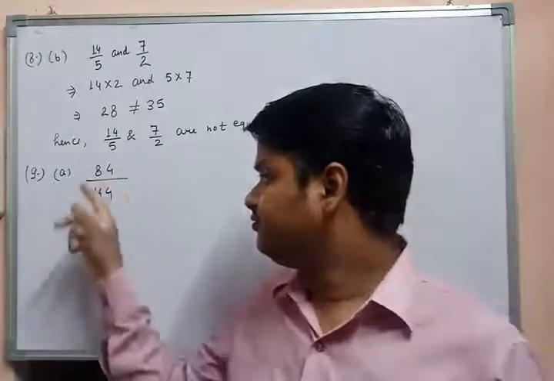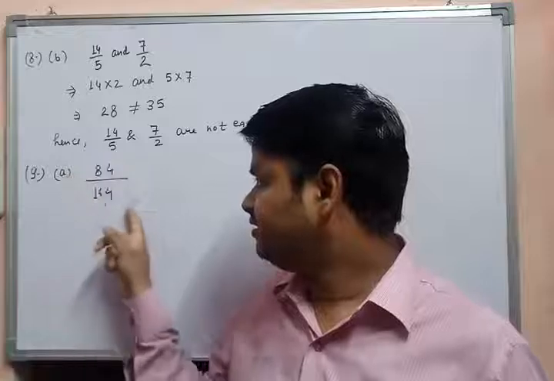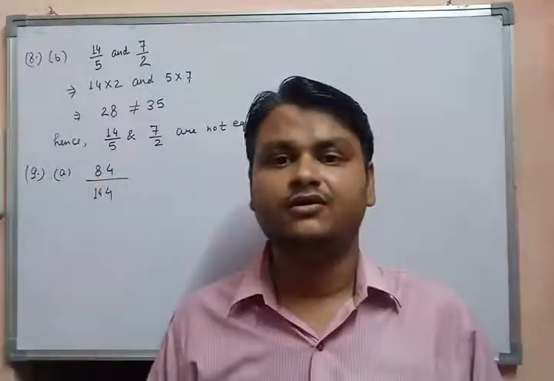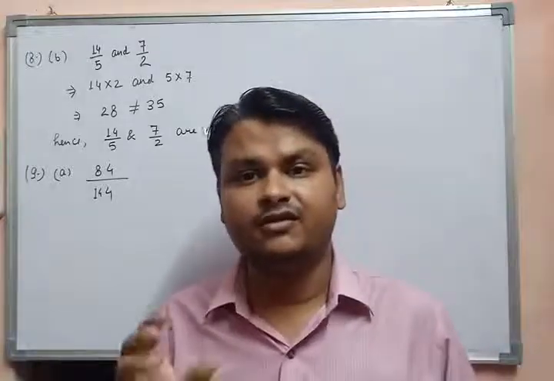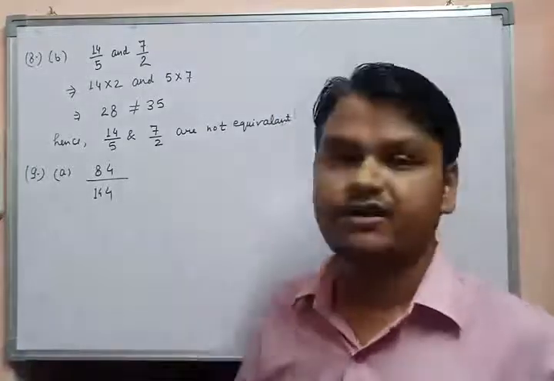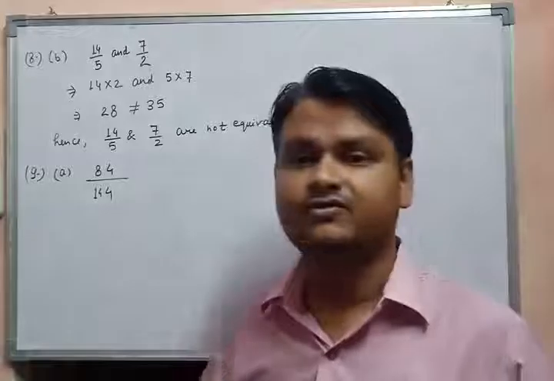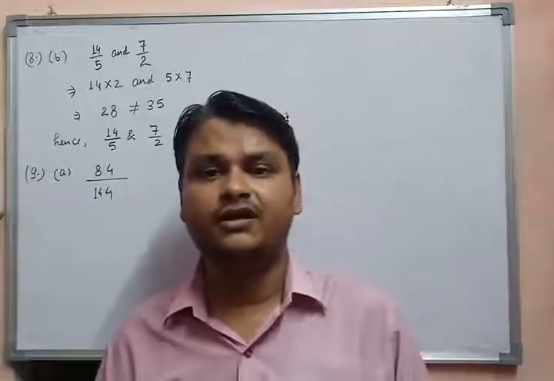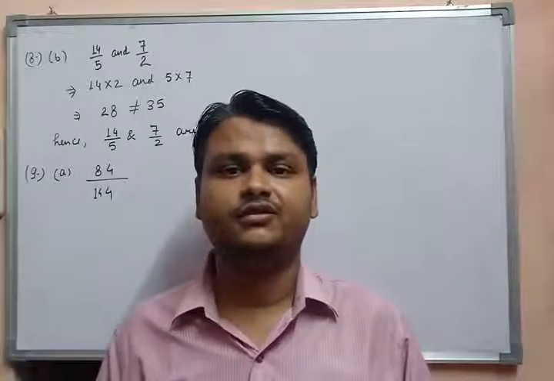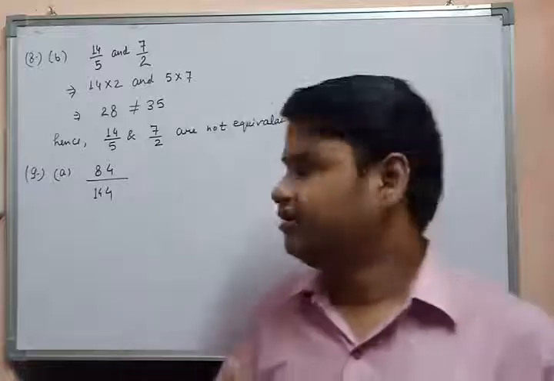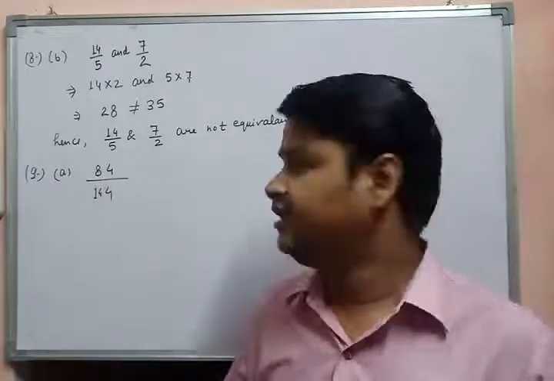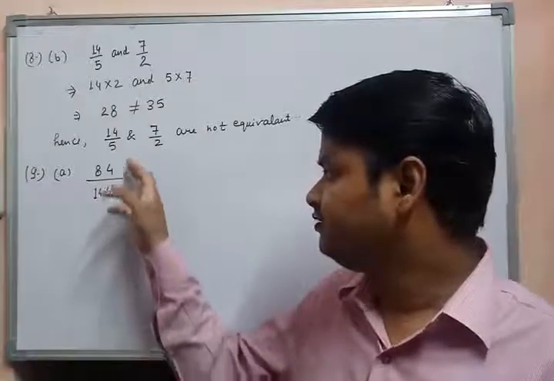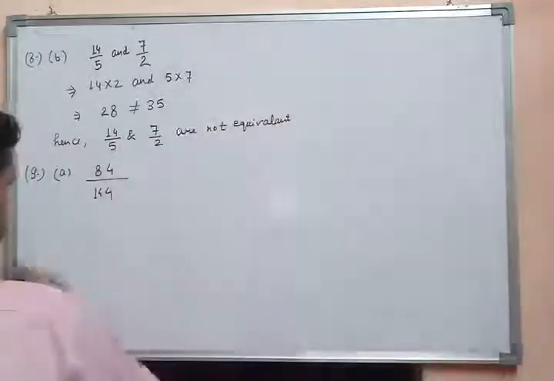So if you want to find the standard rational number of this rational number, first of all you have to check whether the denominator is positive or negative. Here the denominator is positive, so there is no need to multiply both the numerator and denominator by -1. Now you have to find the HCF of both the numerator and denominator.